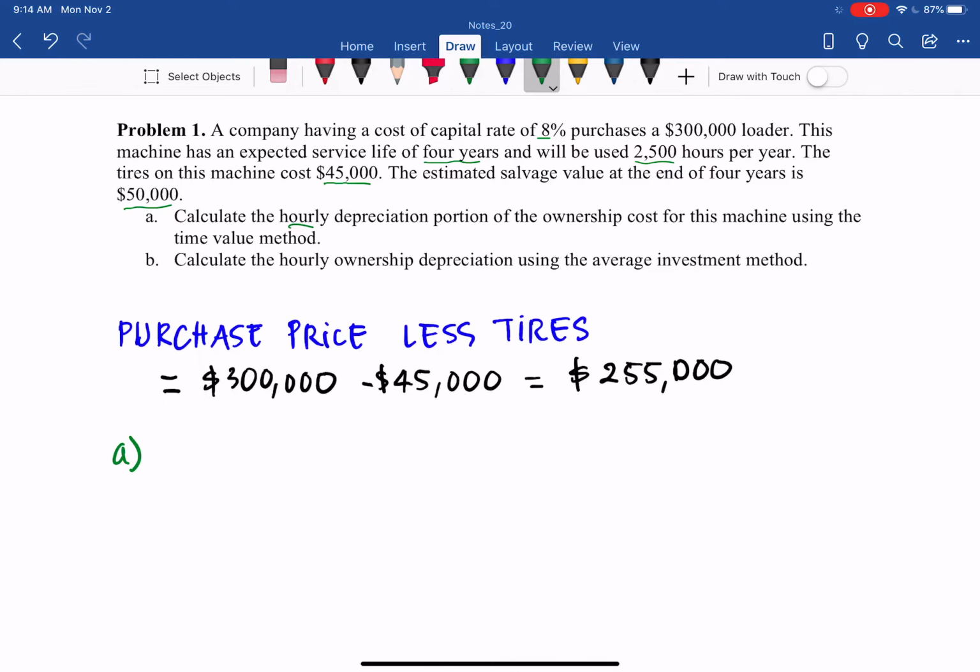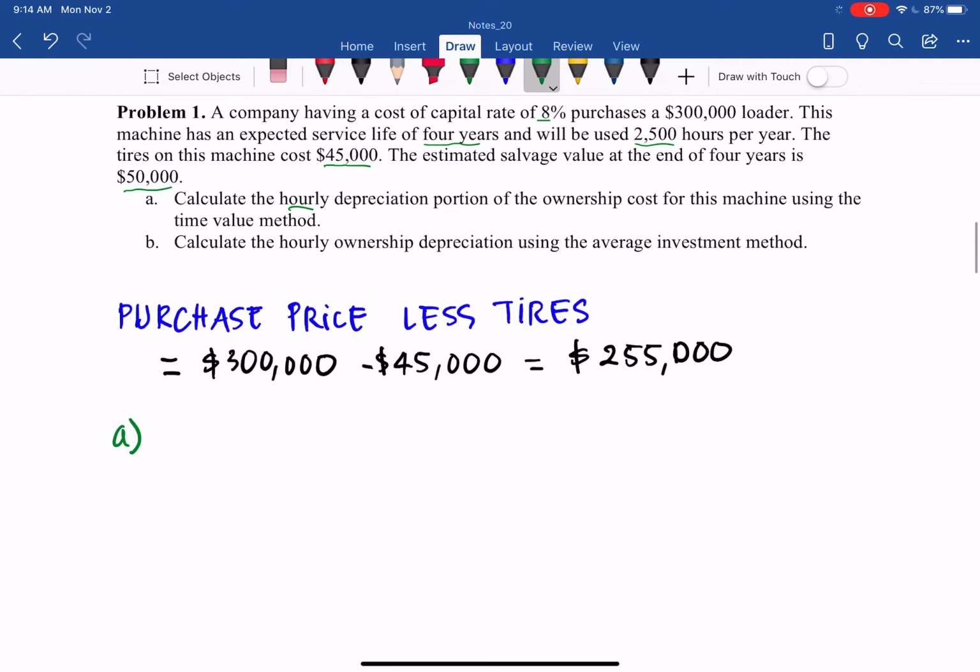Since we need hourly, something we talked about in time value of money, we need the equivalent annuity A. First we need to find the equivalent amount for this investment of $255,000. So of course, we use the time value of money method.